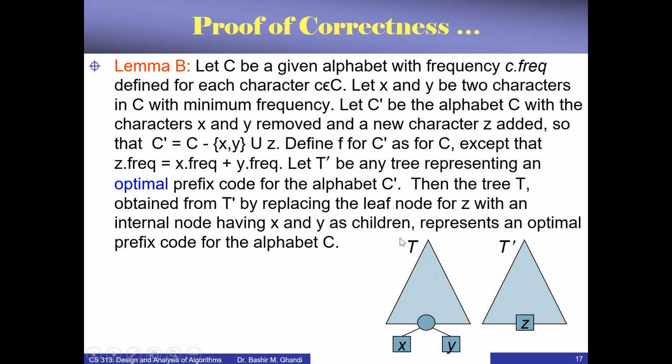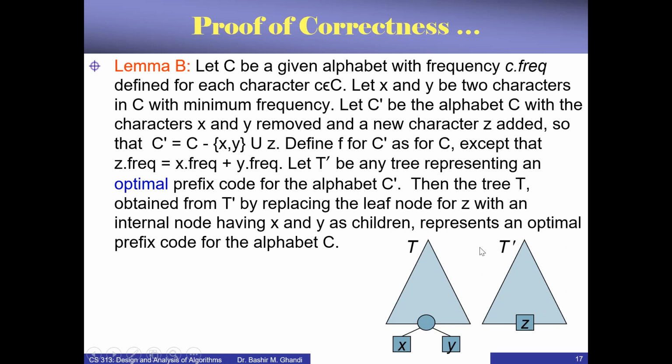Basically, what we are trying to prove is that if the sub-problem, because you can consider this as a sub-problem since it will have n-1 characters while this will have n characters, just replacing these 2 by 1.